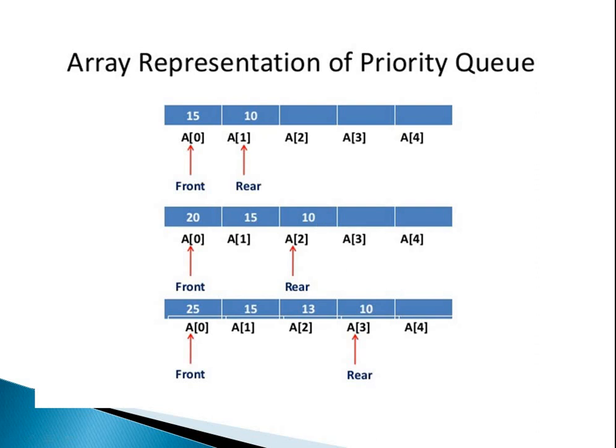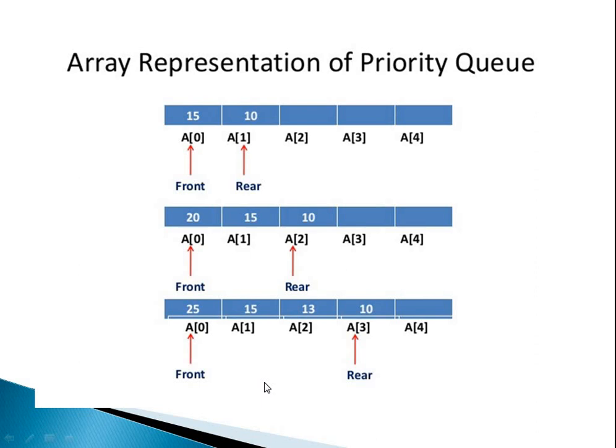If you are doing it in descending order, then 10 will be at the last. So here 20, 15 and 10. It will become the next priority because you are inserting the next element, 20. So 20 will be at the first position. Why? Because in descending order, 10 will be the last element.